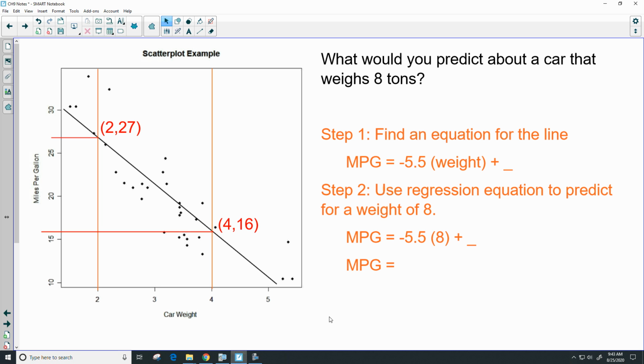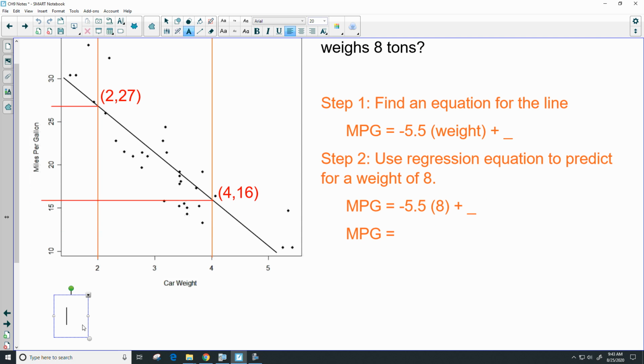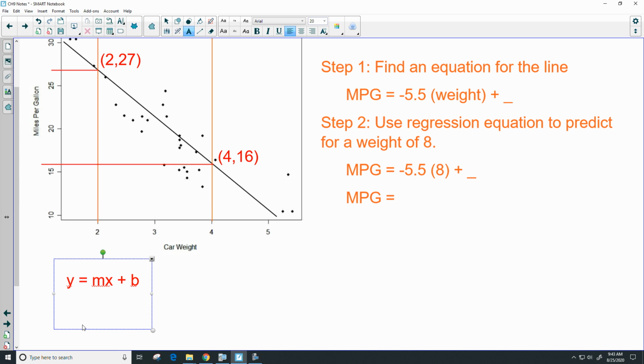So to find the y-intercept, if I do y equals mx plus b, and I know my y value is 27, equals negative 5.5 is my slope, times my x value of 2, plus b.